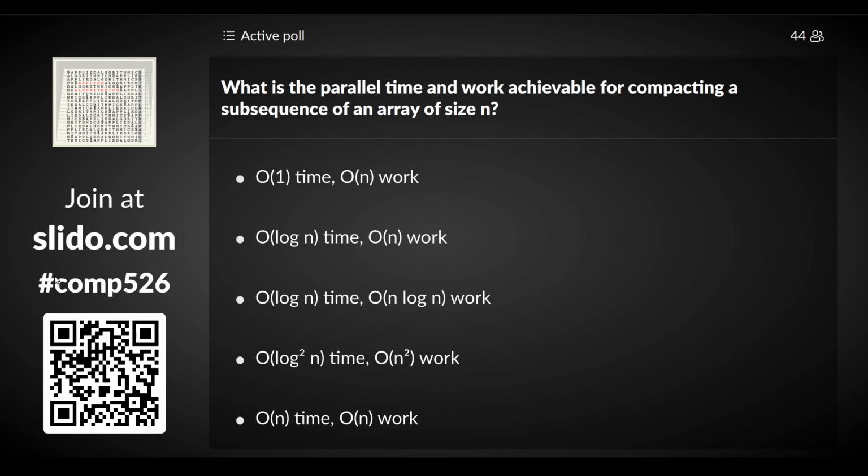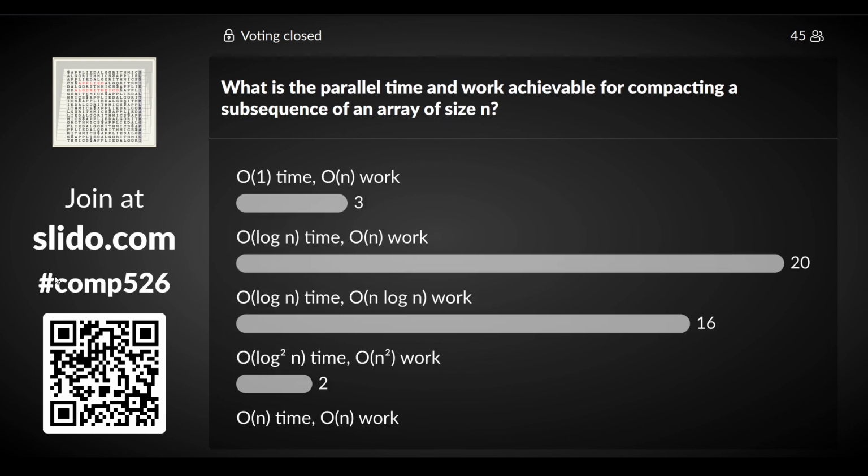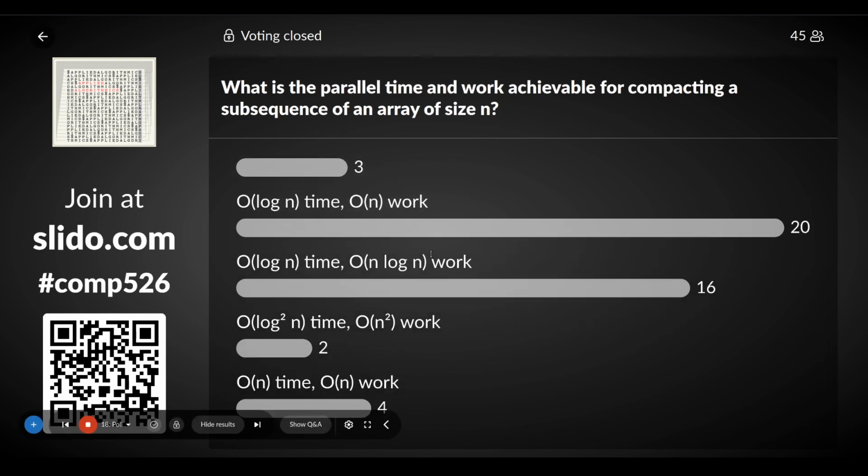All right. 5, 4, 3, 2, 1. Many different suggestions, but some definite preferences for some of the options.